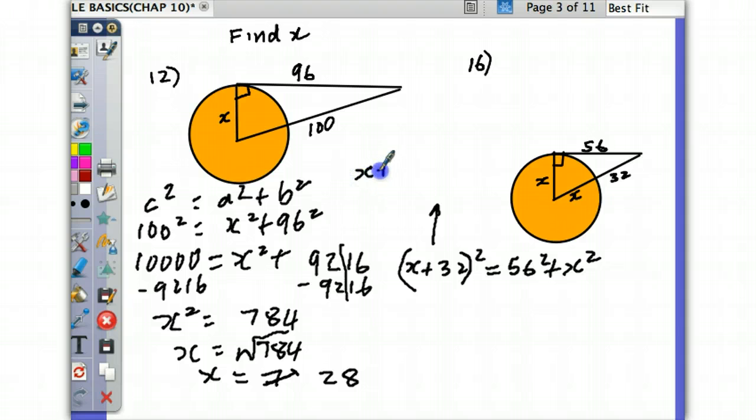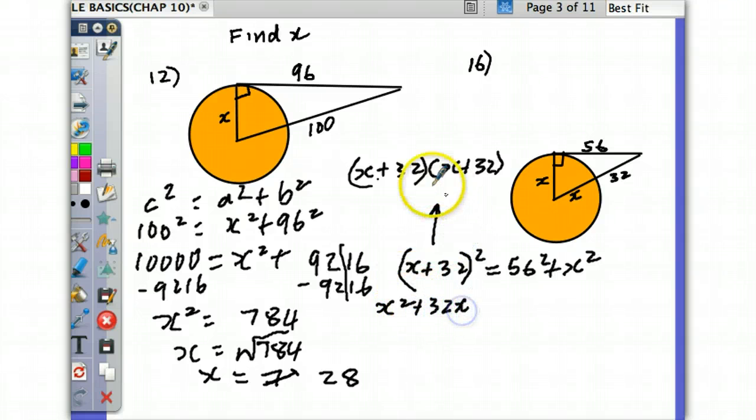I do, from algebra 1. x plus 32 times x plus 32. Yes, it's going to be x times x would be x squared. And then x times 32 is 32x. And then 32 times x would be another 32x.